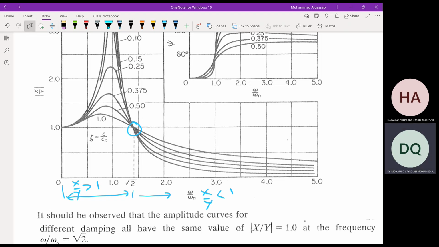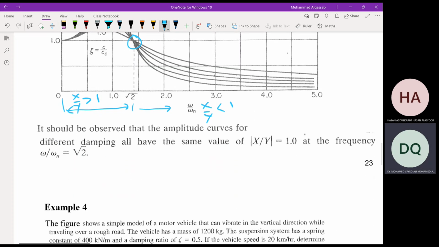The frequency ratio will be omega over omega n, where omega n is the square root of k over m. With damping there will be variation, but the effect of damping at very high frequency is negligible. Okay, with small zeta and high zeta, the curves will merge.